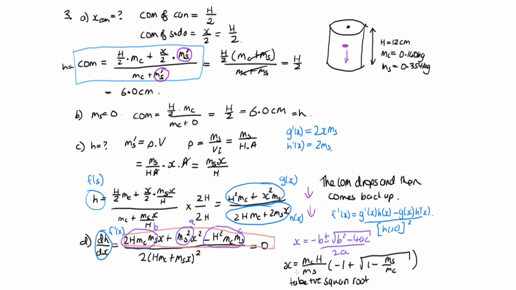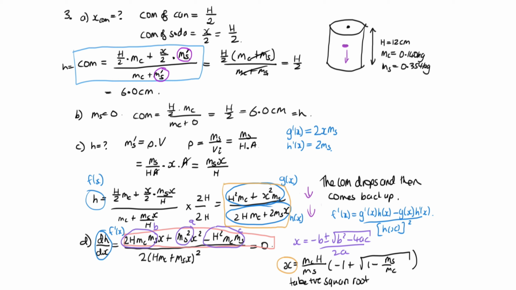So now we have x, and once we have x, the question actually asks us to find the center of mass, h. So what we need to do then is substitute our expression for x, which we have calculated here, back into this expression here for h.